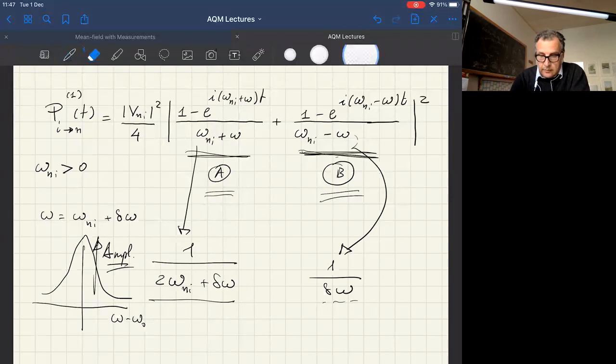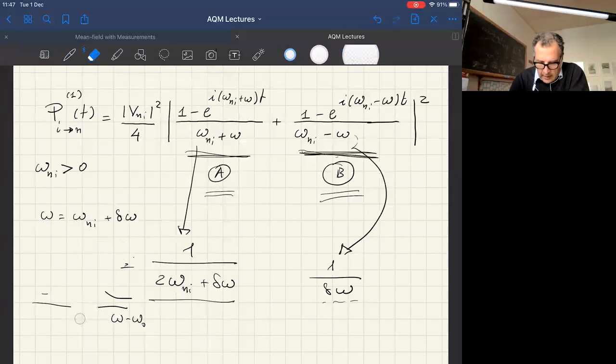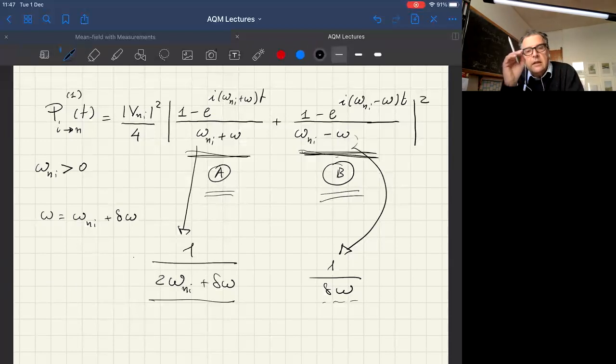Let's see if you see something similar here. Now, here the situation is the following. We are working in perturbation theory, but it's not really important for the discussion.